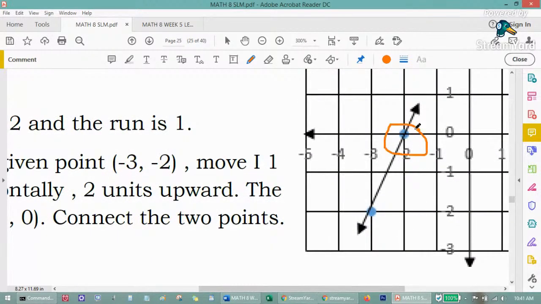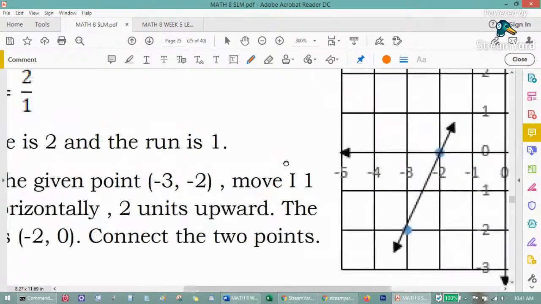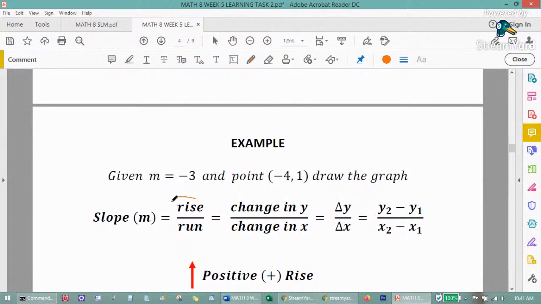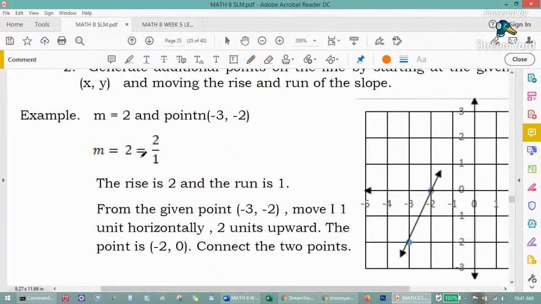So, hindi pa natin nakikita to, no? So, paano tayo nakapunta dito sa second point na to? Susundin natin ang slope. Sabi ng given, ang slope is positive 2. So, dahil ang slope is rise over run, kailangan maging fraction form. Kailangan isulat natin tong positive 2 into fraction form.